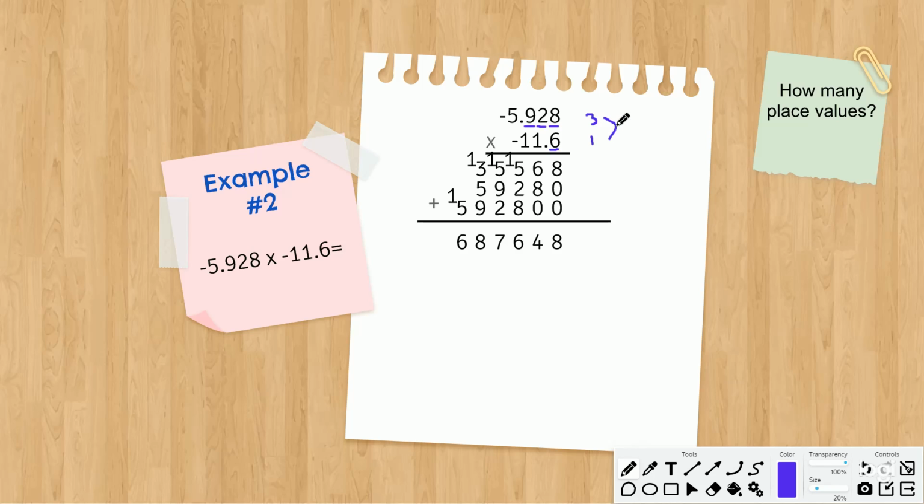If I add those together, I get 4 place values. So now I need to take my decimal point and move it 4 places to the left. So here's 1, 2, 3, 4, which means my decimal point is going to go between the 8 and the 7.